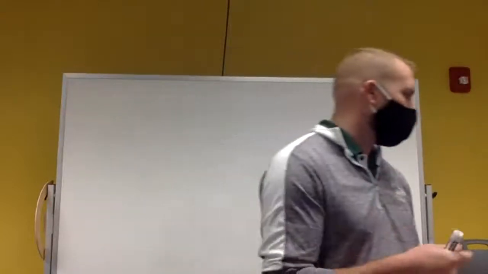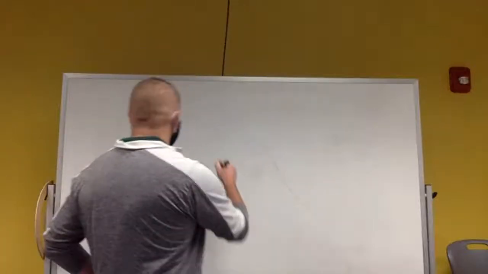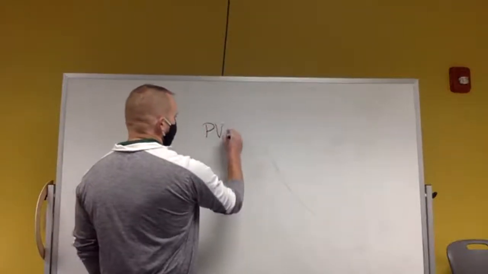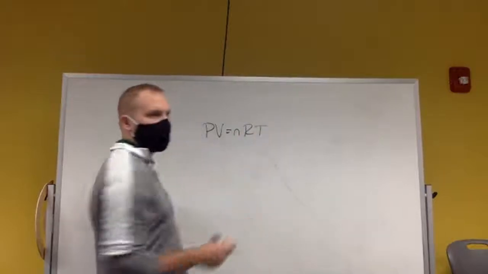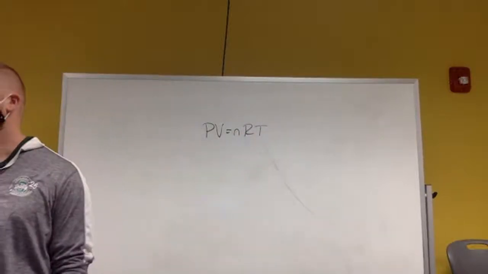Okay, so thermodynamics question number one. It says find the temperature at point C in terms of the temperature at point B. With temperature, we're going to use PV equals nRT, the relationship between pressure, temperature, and volume.